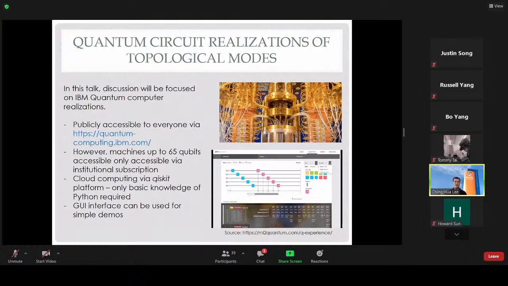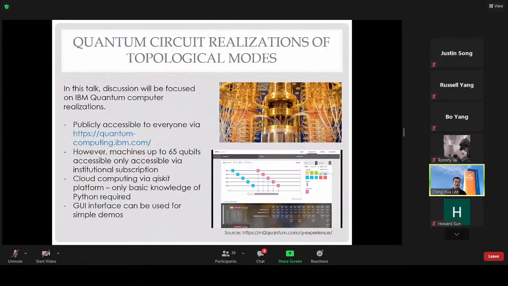Of course, if you want to do something more non-trivial, you will have to write code to generate a quantum circuit and do different operations like measurements and the collapse of the wave function. You can use the Qiskit platform, where you basically only need to know how to use Python for programming.